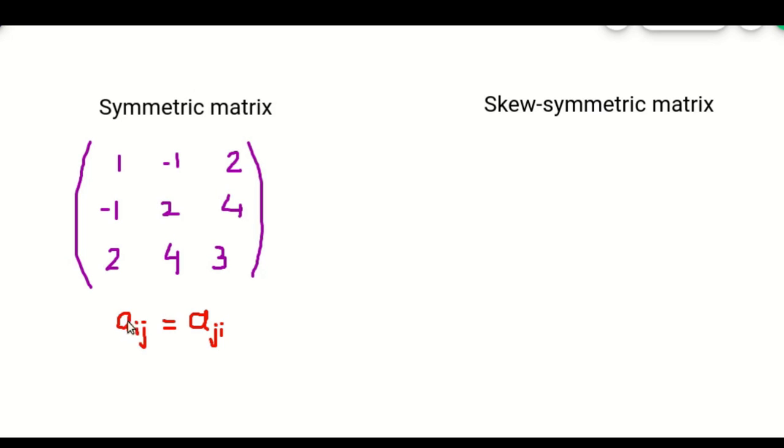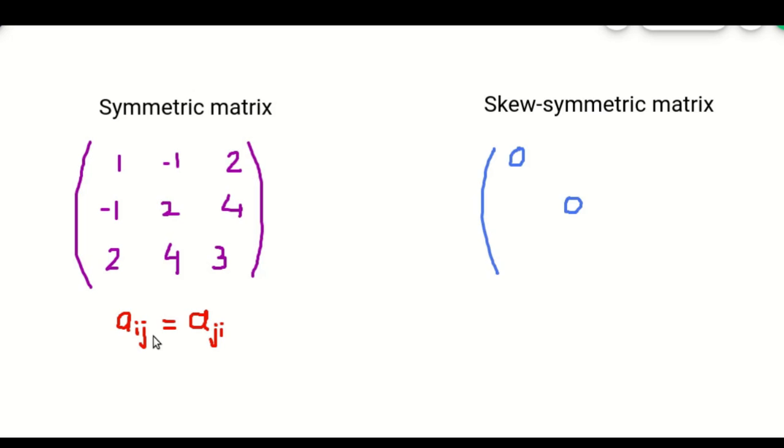If I change the values of ij, then we will get different elements. But this symmetric matrix satisfies the condition that Aij is equal to small aji. Small letters mean we are writing the elements of the matrix, and capital letters mean we are writing about the matrix.